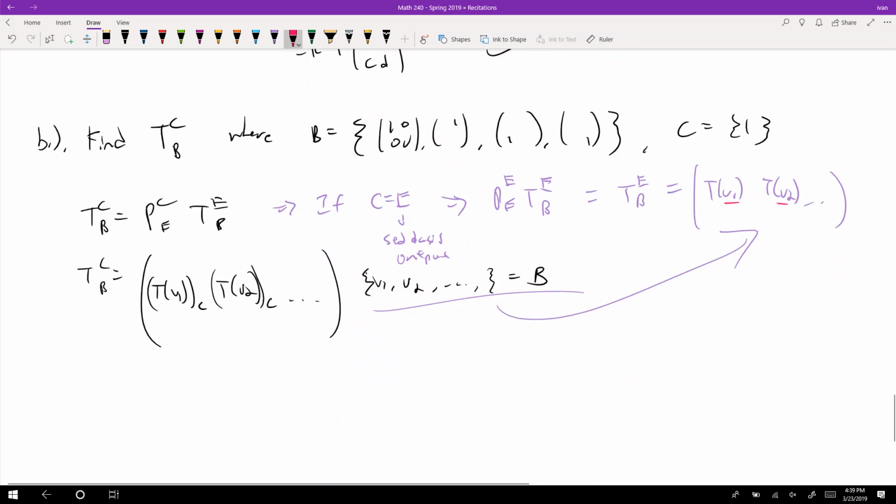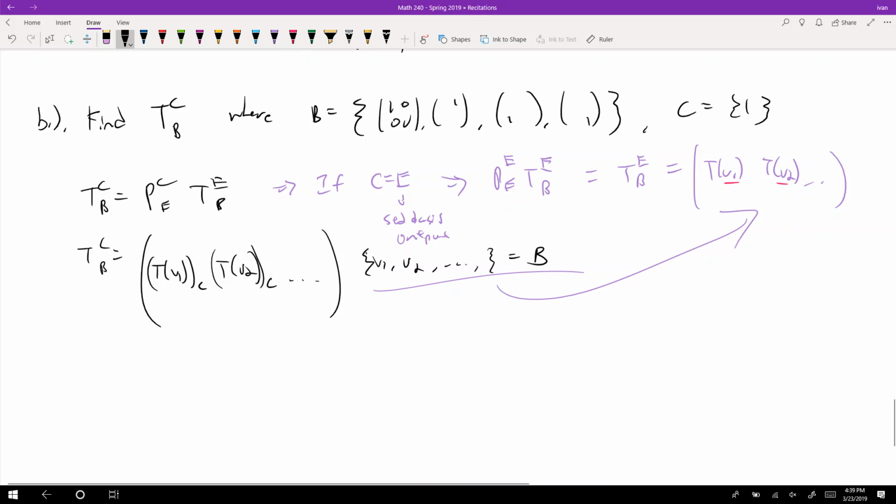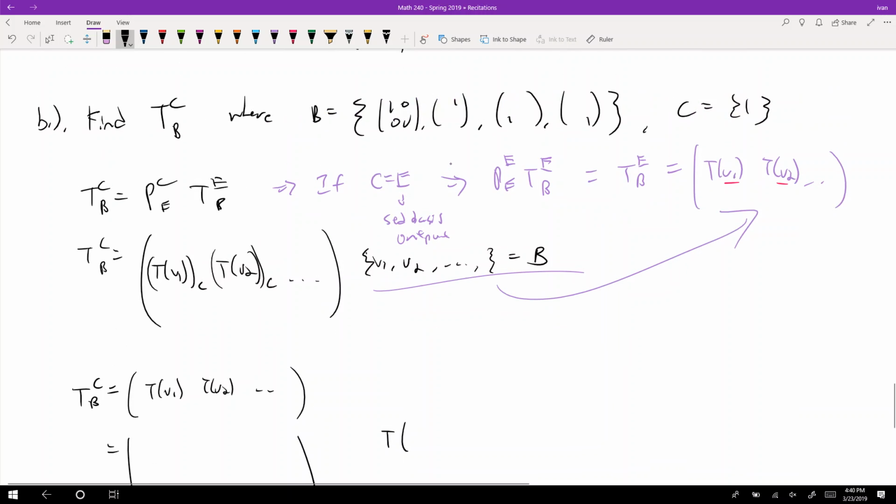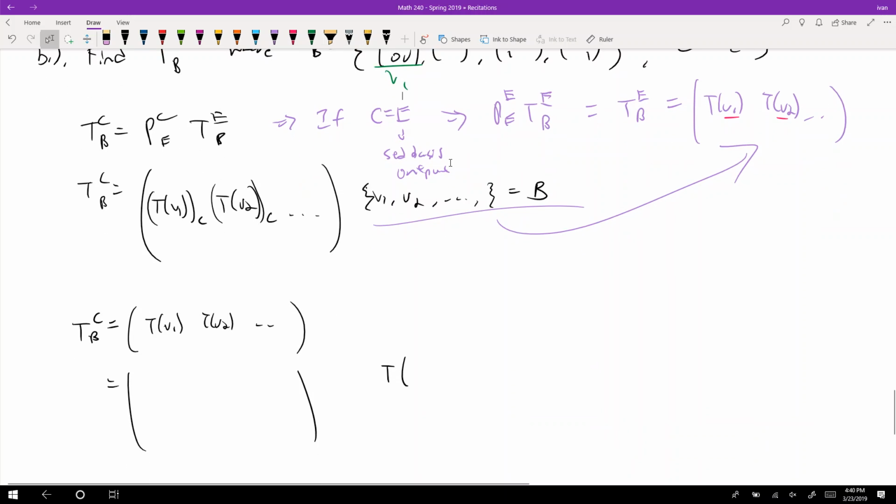Okay, so let's do that then. In this case, T_BC is just simply T(V1), T(V2). Okay, and so what is this? Well, what is T of V1? V1 is going to be the first basis element here. T of 1, 0, 0, 0. What is that equal to? 1, right?